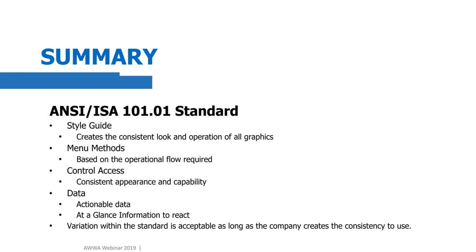So in summary, what this shows you is that using the standard will create consistency. Creating a style guide both creates that consistency of constant look and feel, definitions, and descriptions of items, both for internal use and external use.